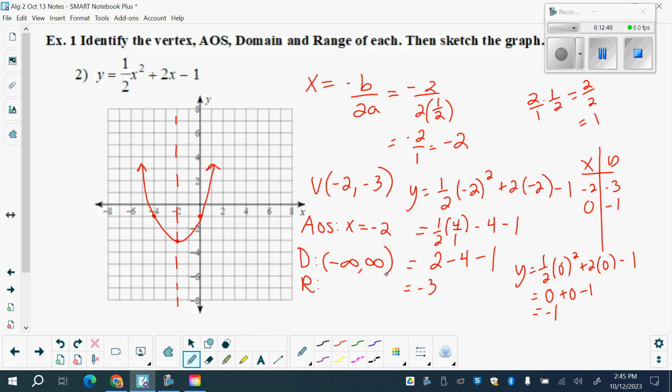Yeah, -3 to positive infinity. So the bottom y value is going to be a -3, comma, infinity. So we're going lower and then higher. So -3 to positive infinity. Okay. Any questions on that?